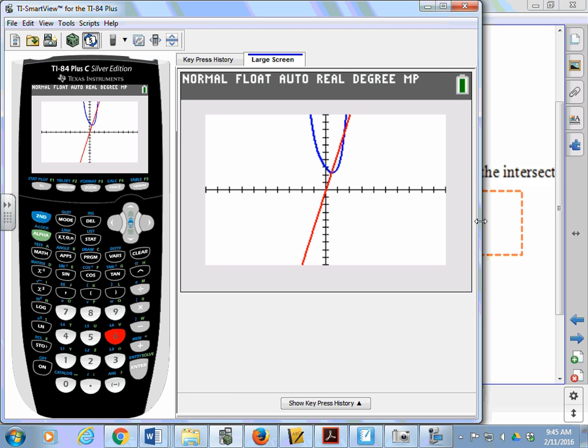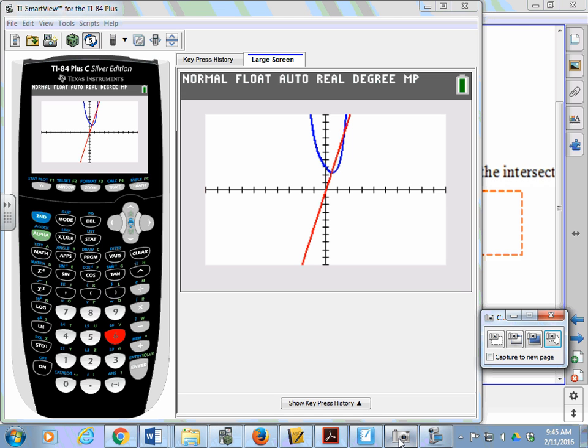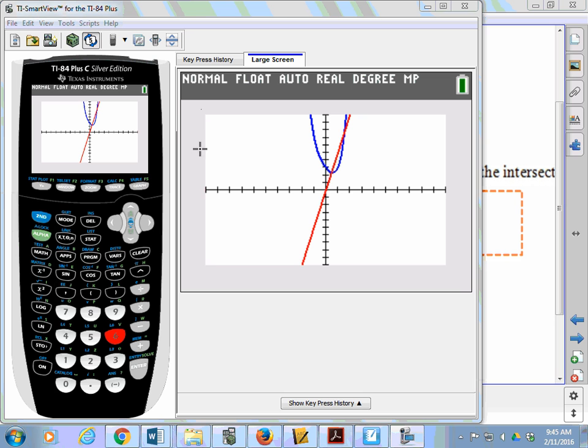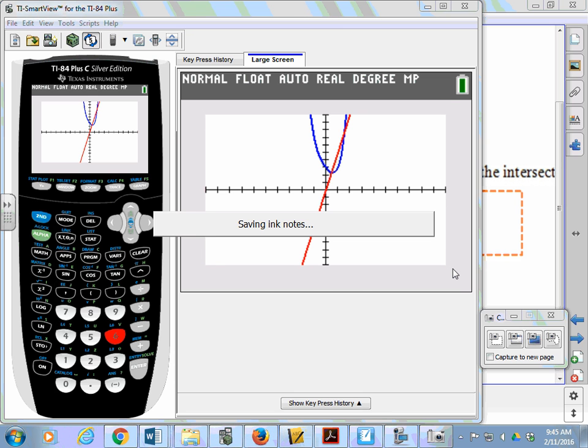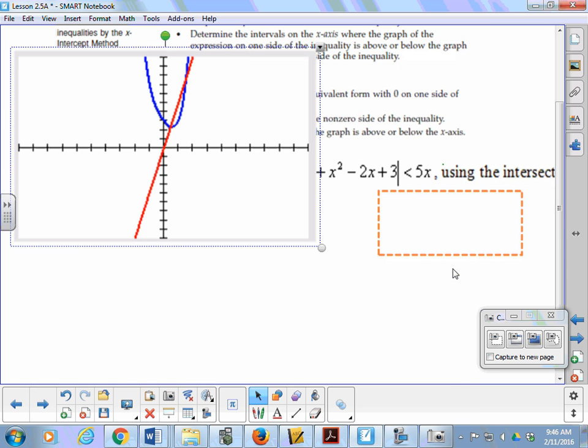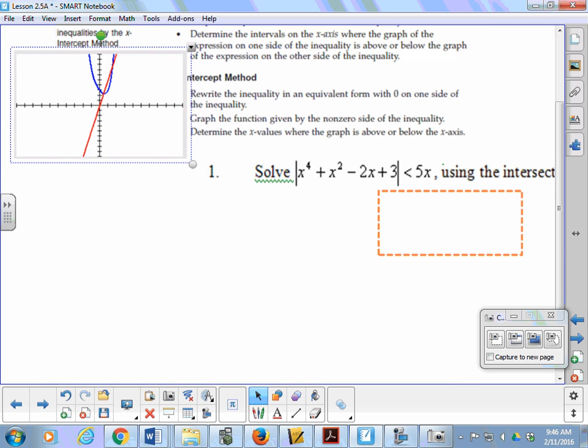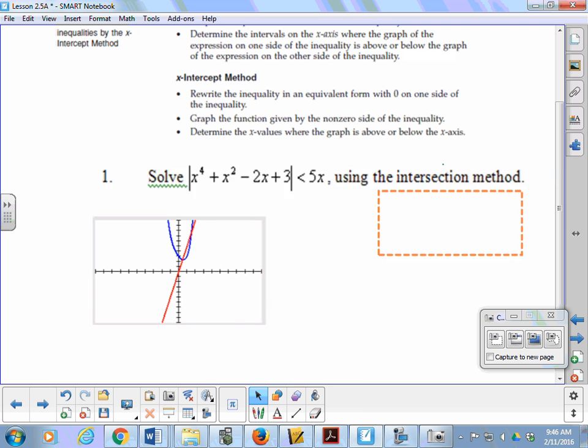Okay. So I'm going to go ahead and copy this onto my paper. Just do a nice sketch. It doesn't have to be perfect, just a nice sketch.